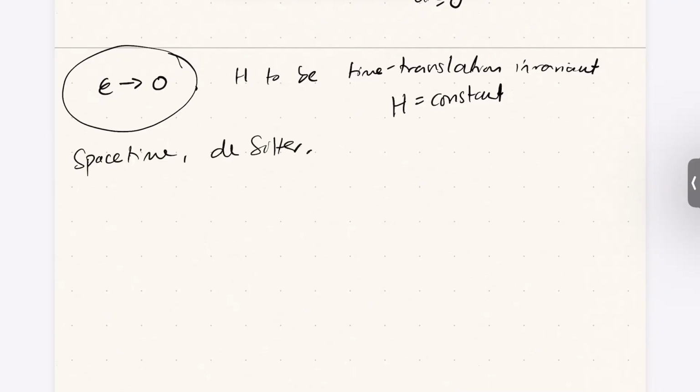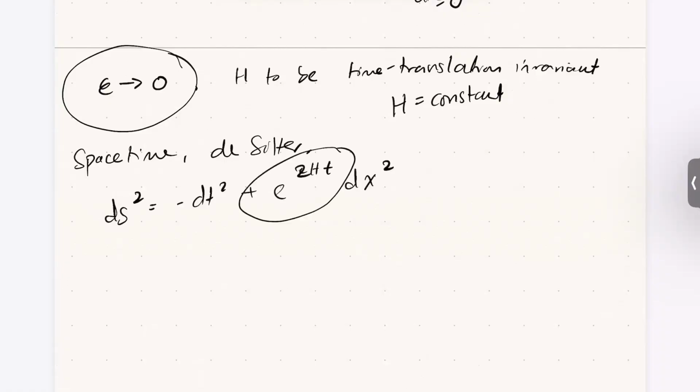Okay. Now this de Sitter has a line element, or the metric. It looks like the following. So you see this exponential term on the spatial part? Fits in, right? Because we have exponential acceleration. Number one. Number two is that this de Sitter essentially does not stop anywhere, right?